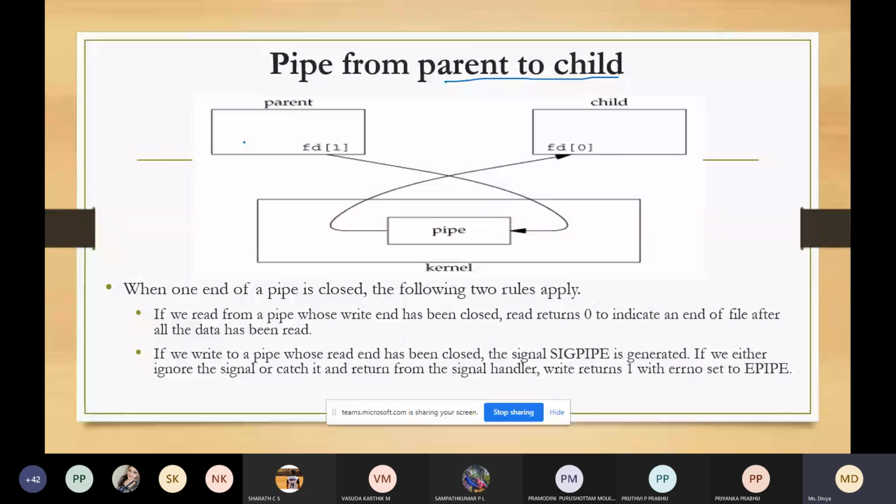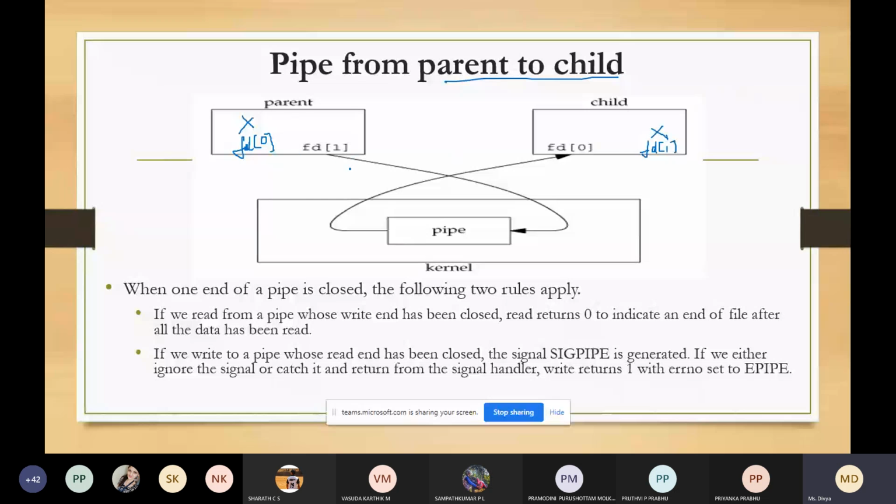So this end, FD0, which is meant for reading, is closed. The parent closes the read end, and the child will close the write end, file descriptor 1. So both are closed.